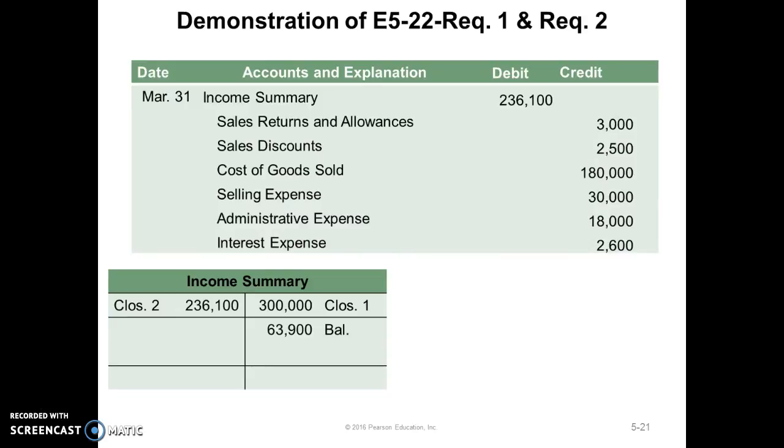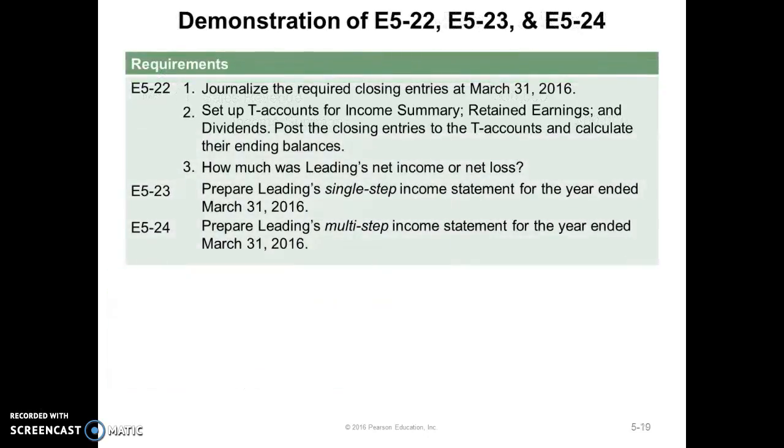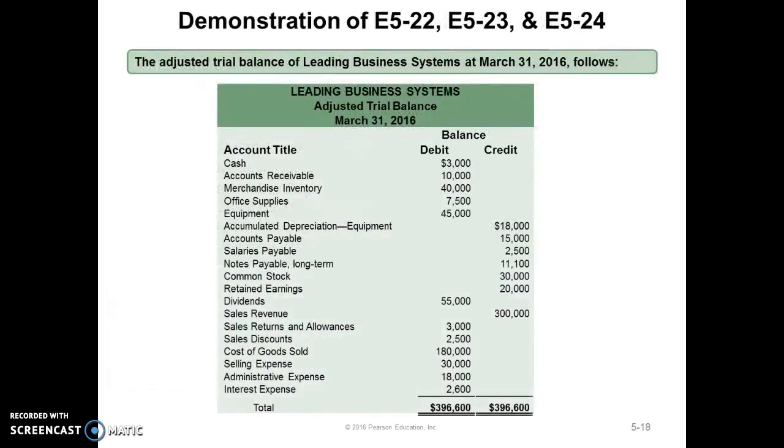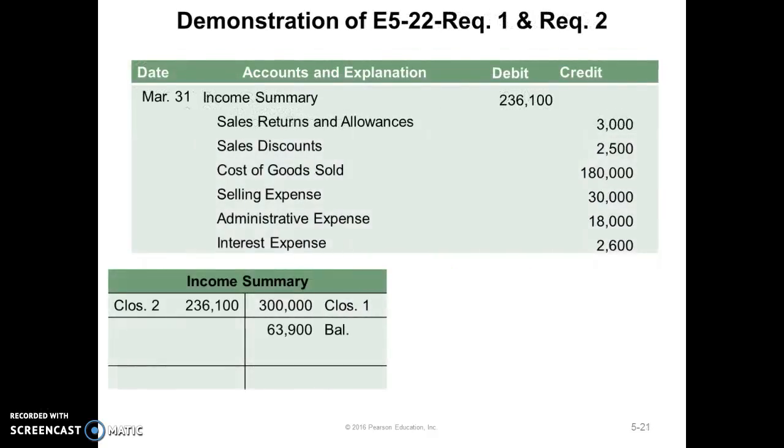Now we're crediting all of our expenses. We know all our expenses on the adjusted trial balance were all debits. So if we go back a couple slides, you can see all of those were debit entries. So we know we have to credit them all to zero out the expenses.